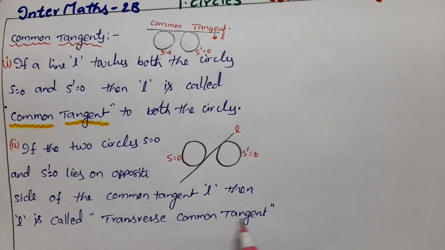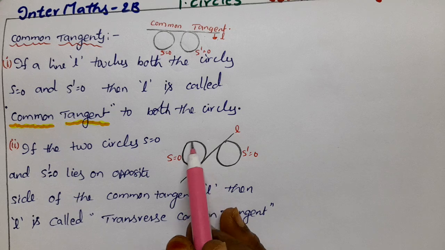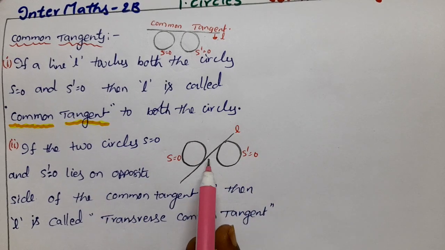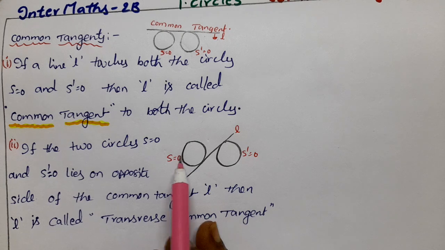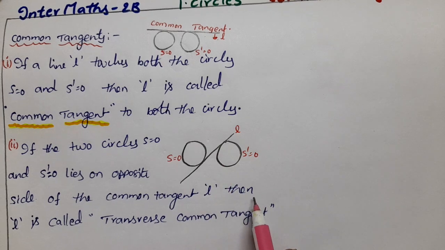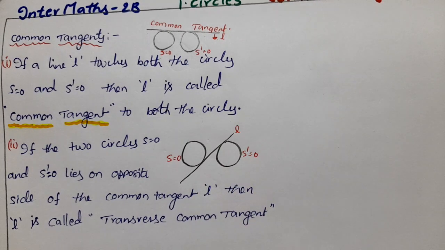What is the transverse common tangent? If the two circles lie on opposite sides, one on this side and another on this side, of the common tangent L, then this line L is called a transverse common tangent.